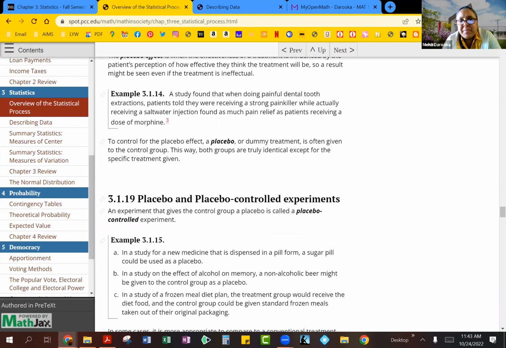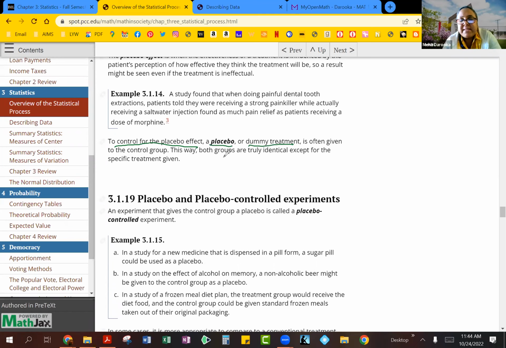So to control for the placebo effect, a lot of times, especially in medical treatments, they will do the placebo pill or the dummy pill. The idea is, to get around the placebo effect, even to the control group, you would give them a placebo or a dummy treatment.